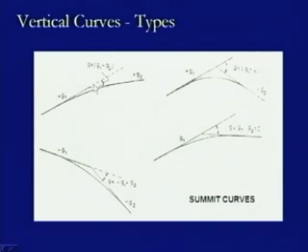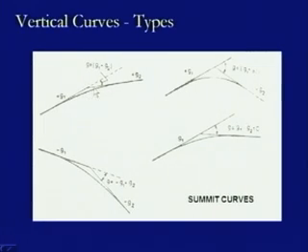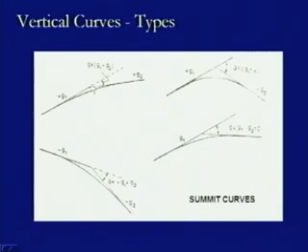This is followed by another gradient which is also going in the upward direction, but is less steep compared to the previous one, so it is designated as plus G2. Both these gradients meet at this point. This is the point of contact, and this is the kink which will be there in the natural design of the vertical curve if provided in this form.